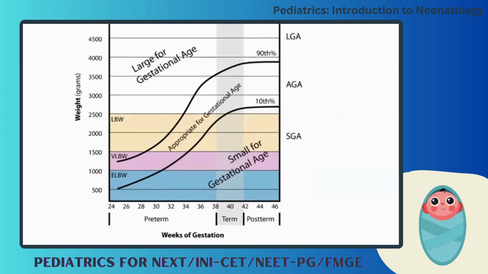Small for gestational age is based on, for example, 100 babies, of which 50 babies are Indians and 50 babies are Chinese. Usually races like Chinese and Mongolians will be short. You can't say they have some disease just based on their race. So we differentiate into normal and abnormal variant. The normal variant we call constitutional.